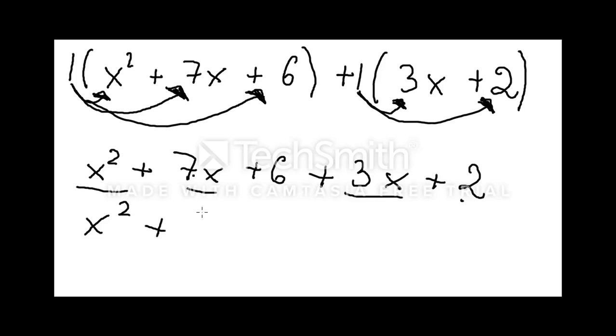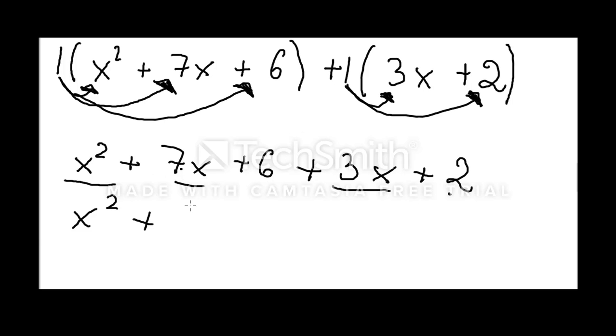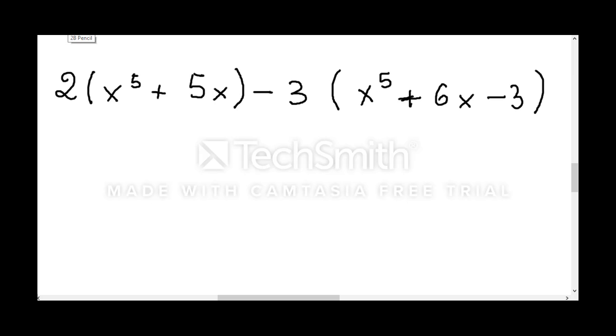And what you do is you simply do the arithmetic with the numbers out front of those. So positive 7 plus positive 3 is positive 10, and then attach your x. And we've got a positive 6 and positive 2 left over, so we're just going to add them together, which gives us positive 8. Let's move on to the next example right here.